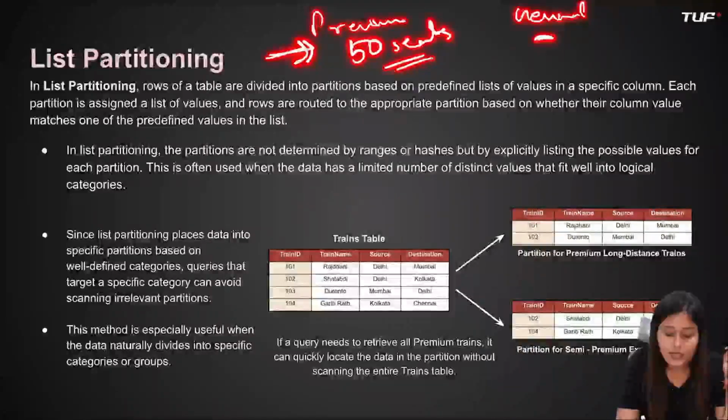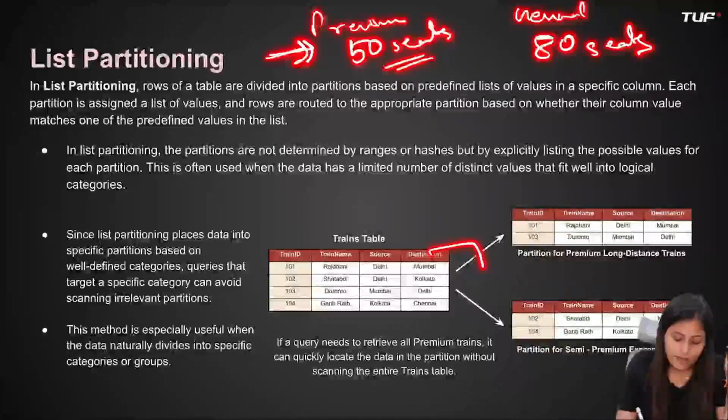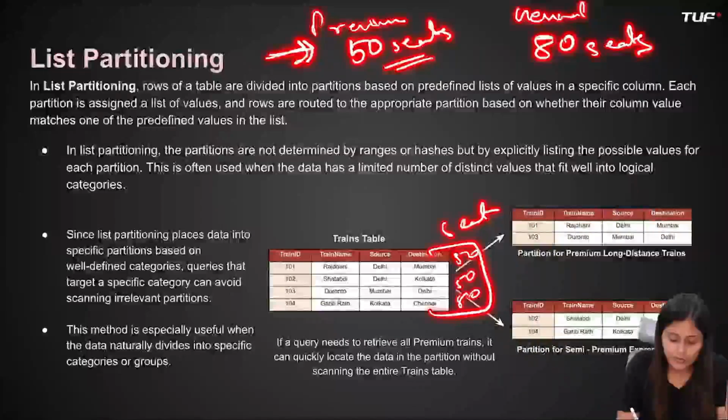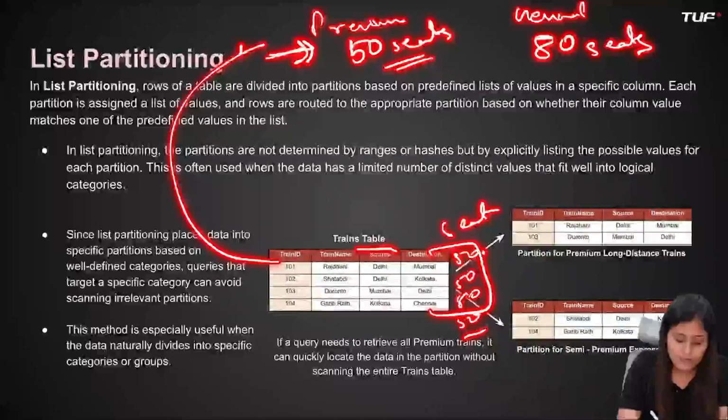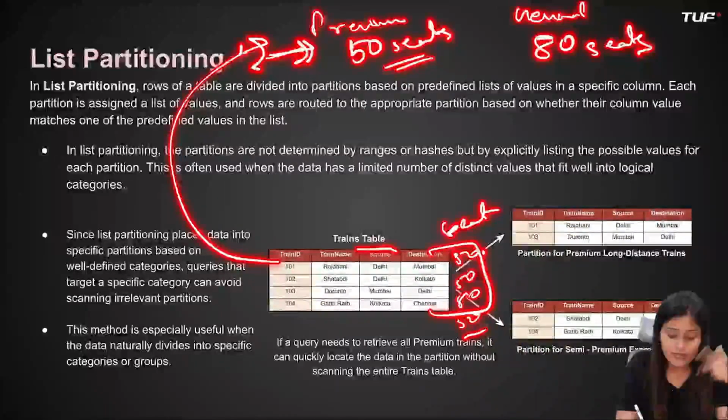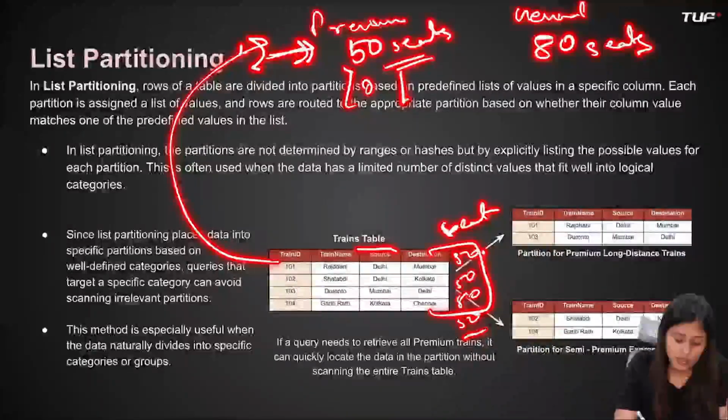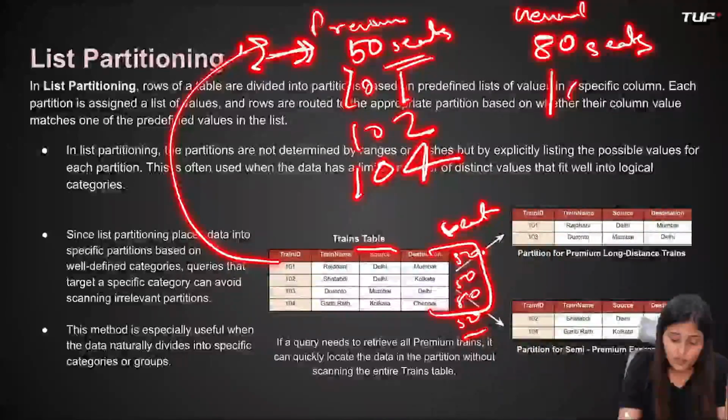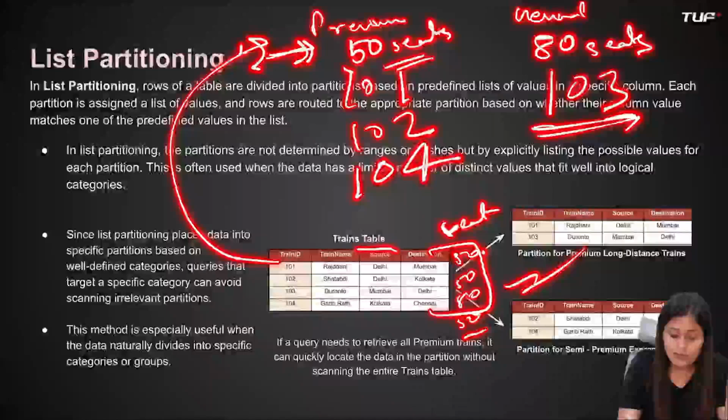And in case of general, it says if we have 80 seats, right? So if we have a seat column here, which says what train has what seats, like 50, 50, 80, 50, then when this row comes in, it will match: if seats are 50, yes. So train ID 101 will come in this range, 102 in this range, 104 in this range. But in case of 103, it has 80 seats, so it will go in the general.